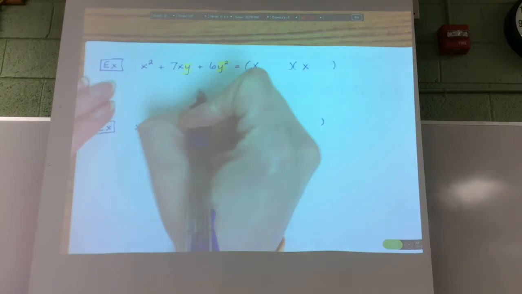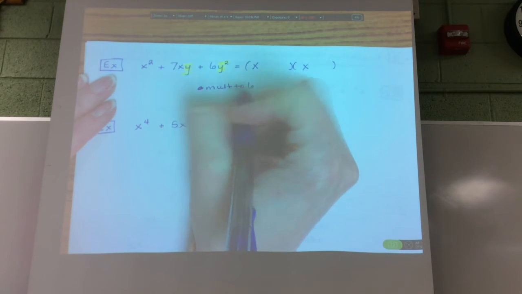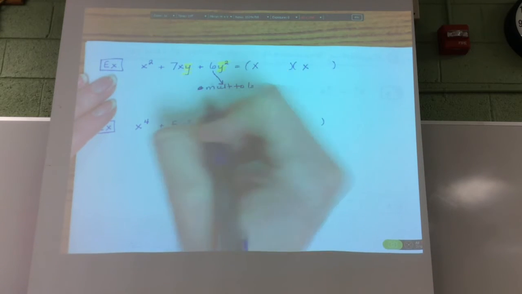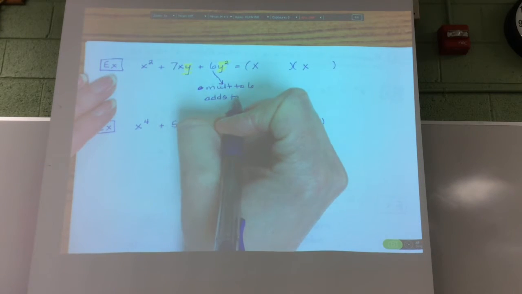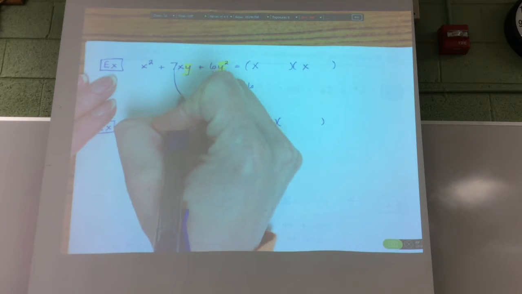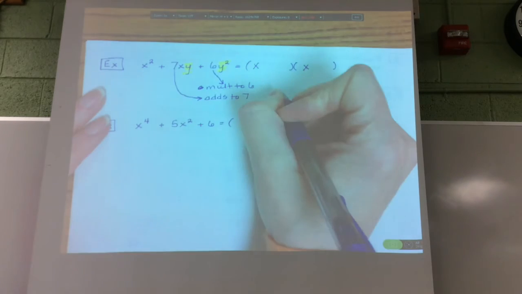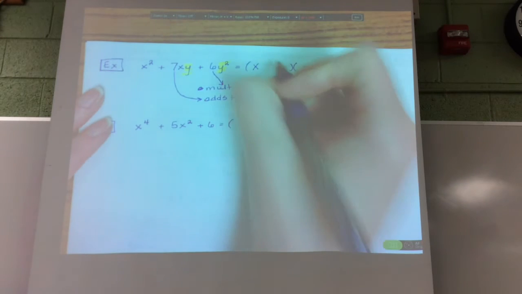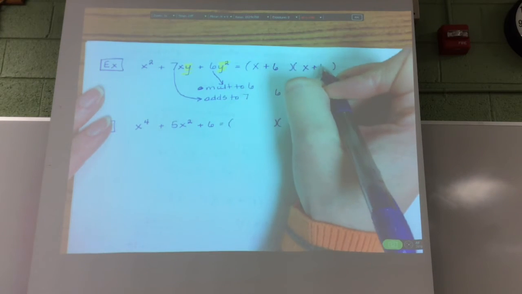You need to find what multiplies to 6 and adds to 7. That's 6 and 1. So I'm going to put plus 6 and plus 1.